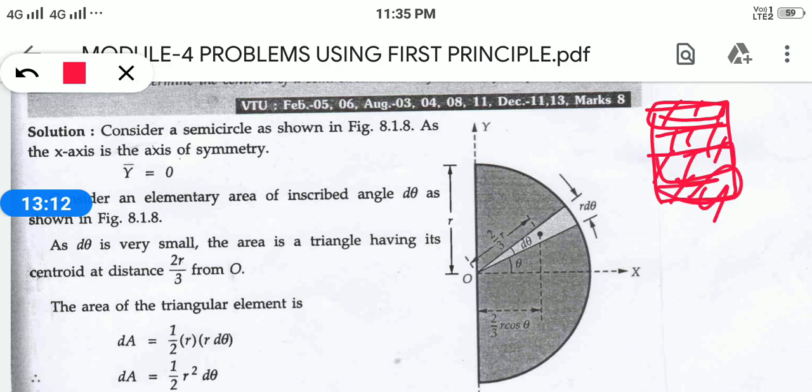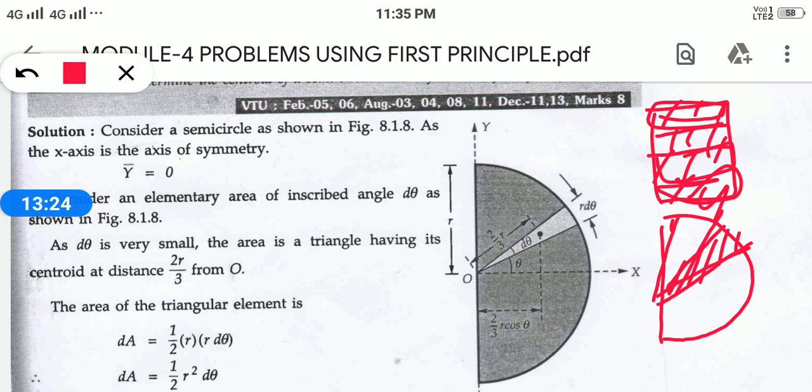But when we take a curved surface, this can be covered only using your angle. If I'm considering this as a stripe, if I move over here also, I can cover this portion. If I move over here also, I can cover the portion, and further I can cover it up using this. So only we are considering the theta in the problem.